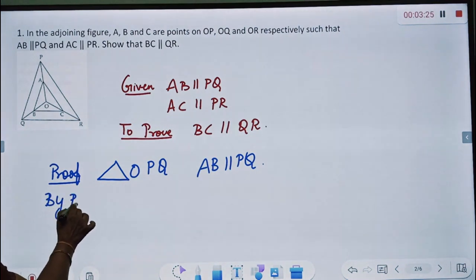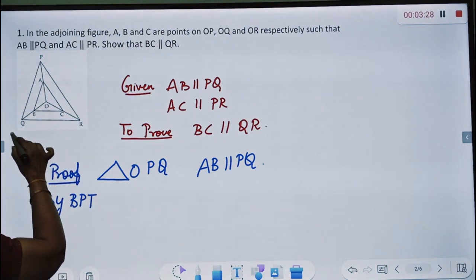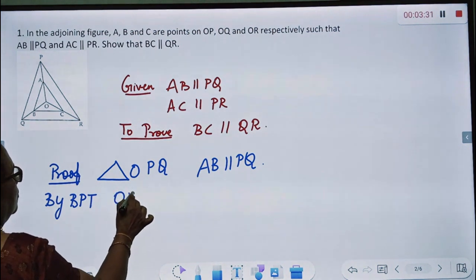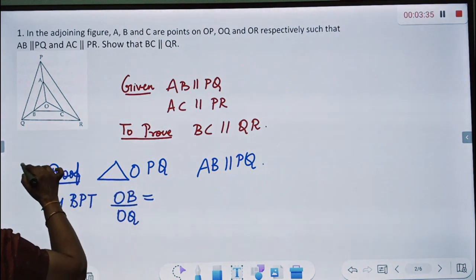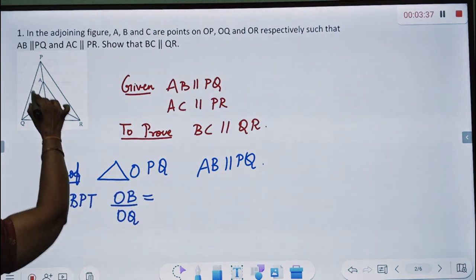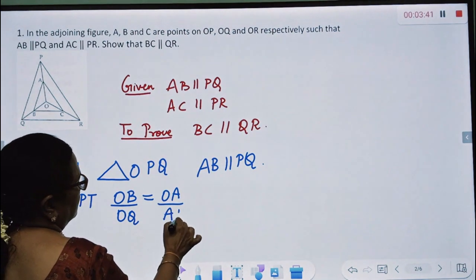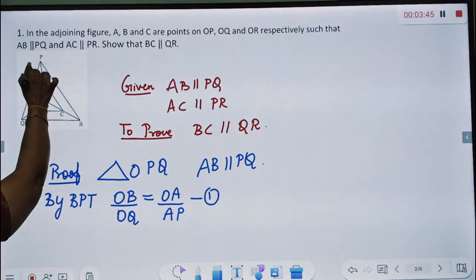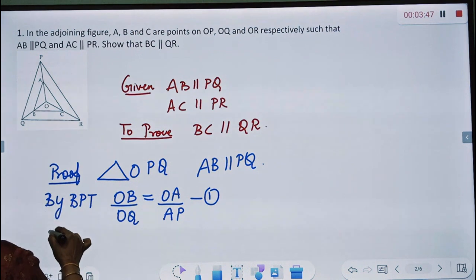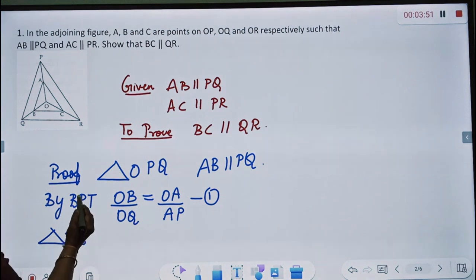So by BPT, what do you observe? OB by OQ is equal to OA by AP. Now let us look at triangle OPR.